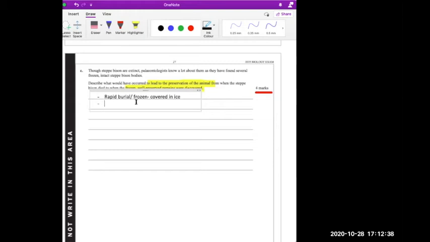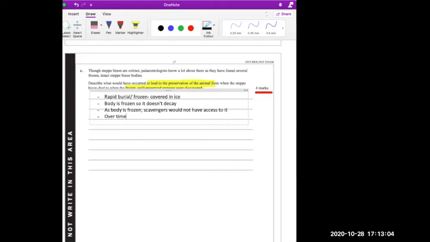So you need to come back in that circle of what happens as it dies and what happens to enable it to be discovered. So it's rapidly buried. Then you'll talk about how the body is frozen, so it doesn't decay. As the body is frozen, scavengers would not have access to it.